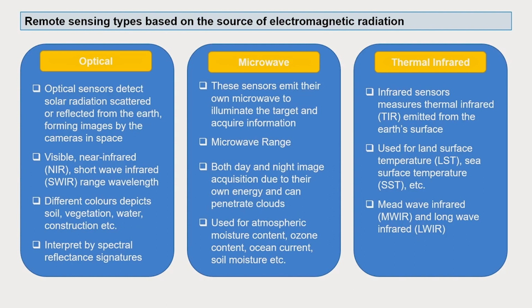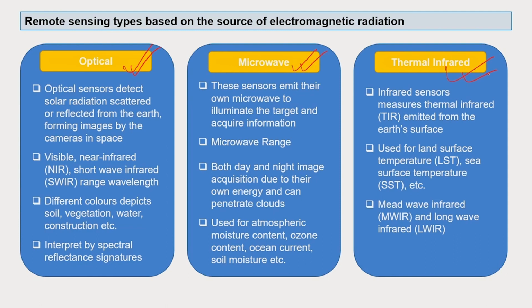Now remote sensing types are based on the source of electromagnetic radiation, as we mentioned a couple of minutes back. There are three different types of electromagnetic radiation that differentiate the types of remote sensing: one is optical, another is microwave, and the third is thermal infrared.